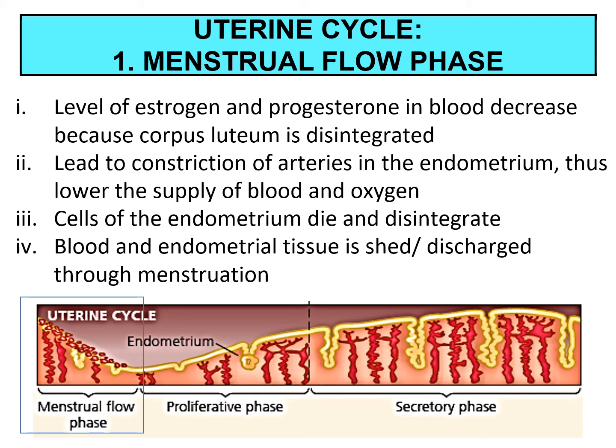So no more secretion of estrogen and progesterone. So it will lead to constriction of arteries in the endometrium. Because of the constriction, the supply of blood and oxygen does not happen. So the cells of the endometrium will die and then it will disintegrate and it should be discharged through menstruation.